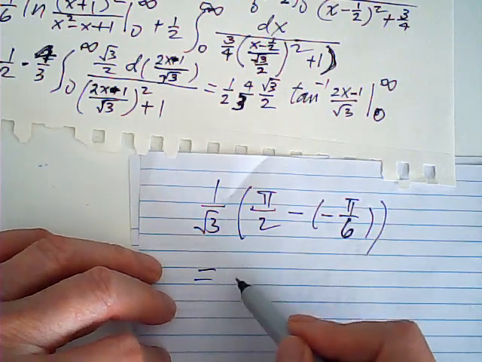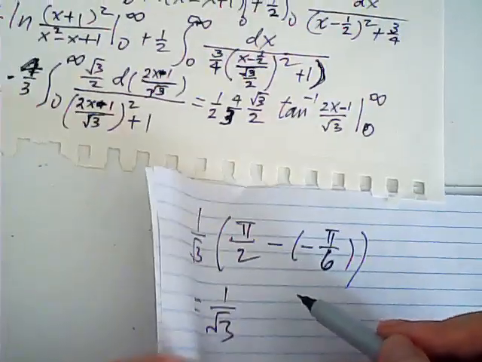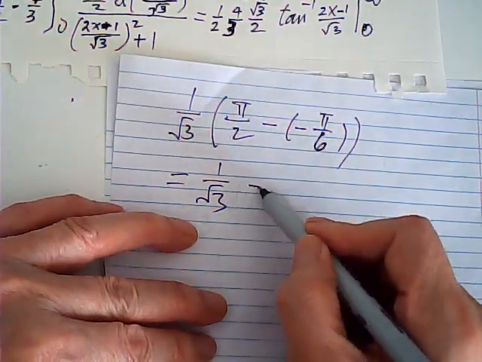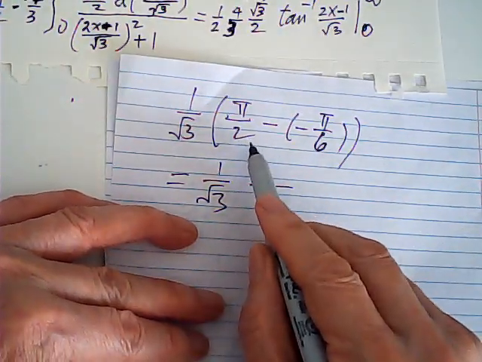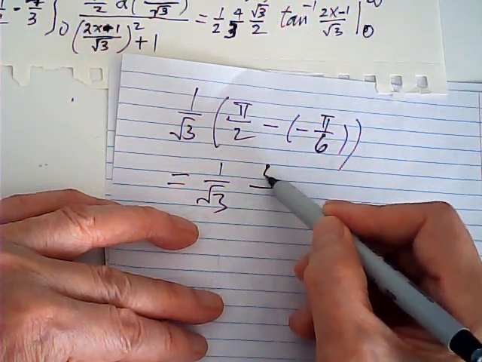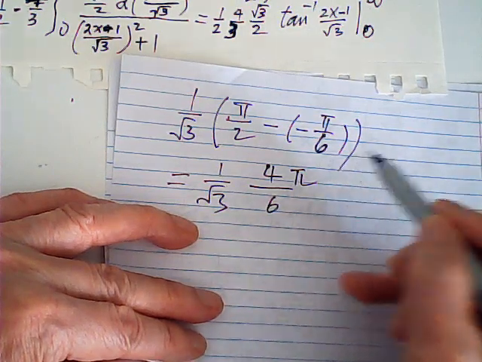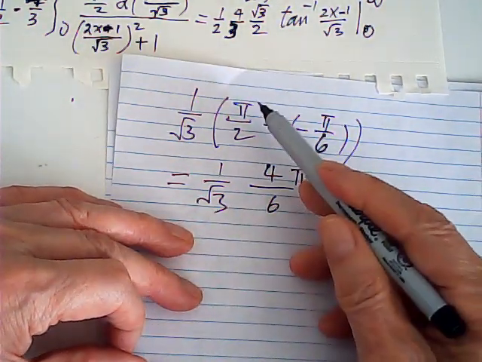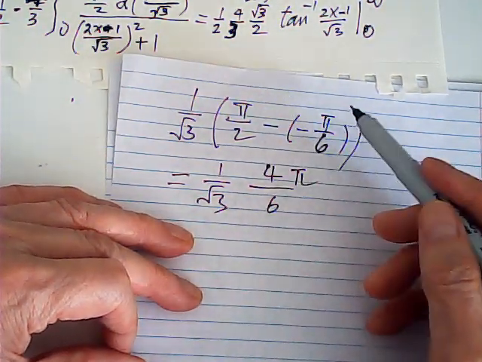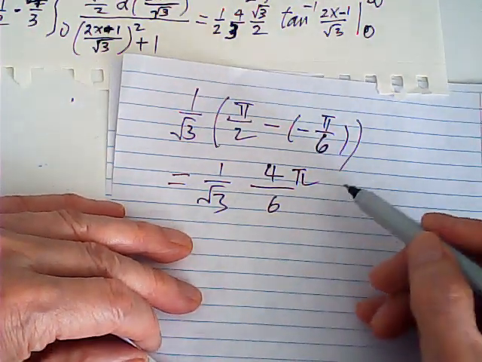So this one equals root 3. This is 4 over 6 part. The 3 over 6, 1 over 6, 4, yeah.